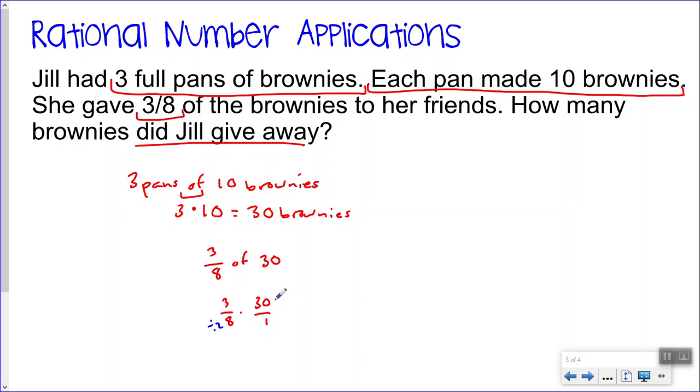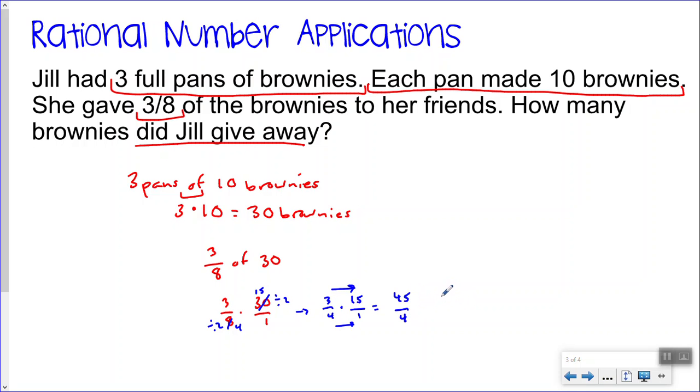So I'm going to divide each of those by 2. And 8 divided by 2 is 4. And 30 divided by 2 is 15. So now we have 3 over 4 times 15 over 1. And I multiply horizontally, numerators to numerators, denominator to denominator, and we end up with 45 over 4.